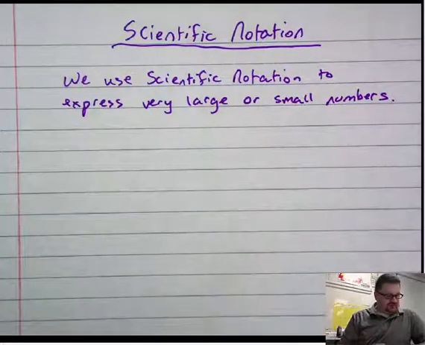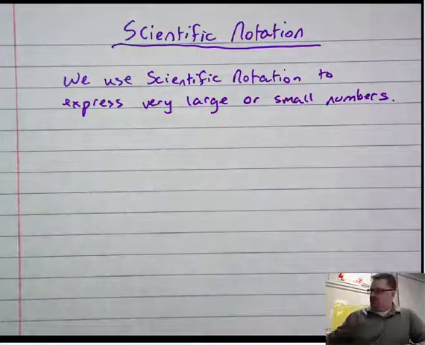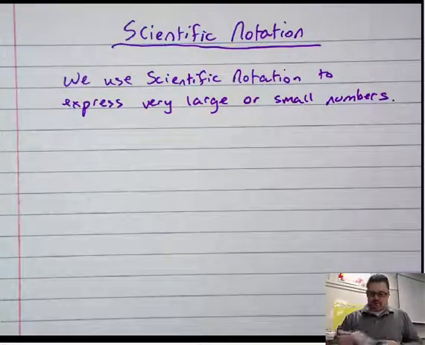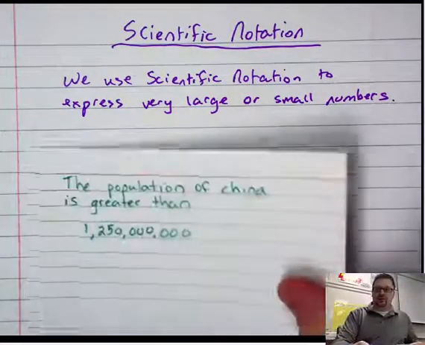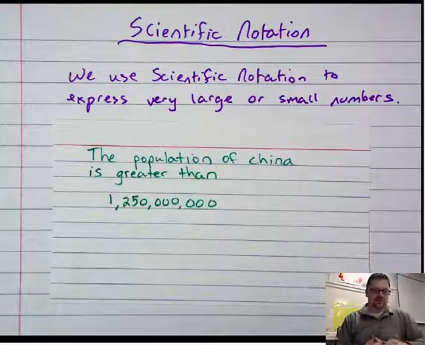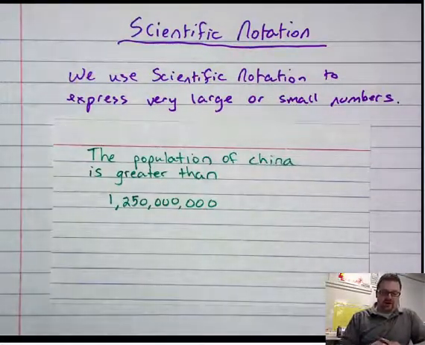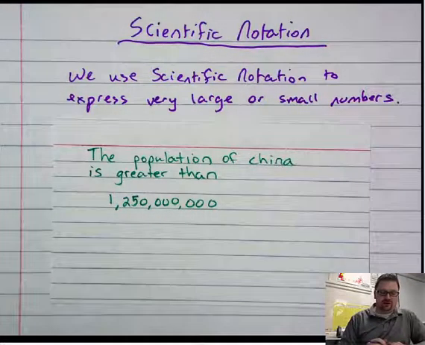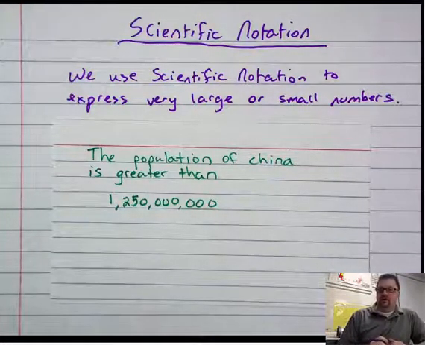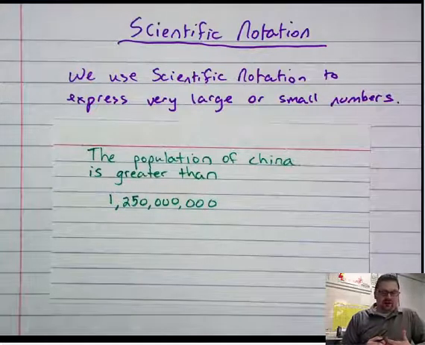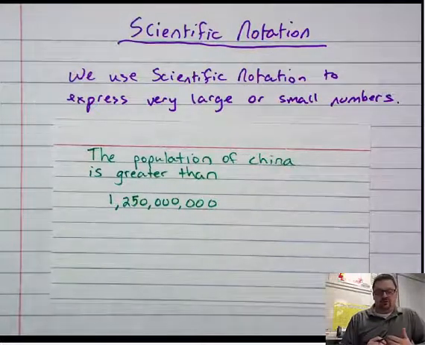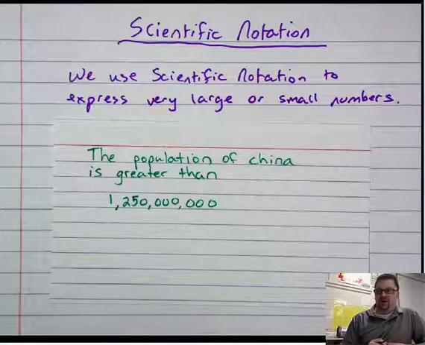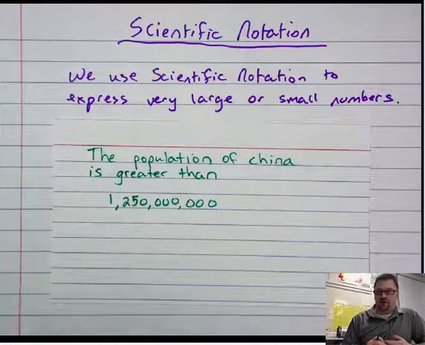For instance, let's say that you have an example that says the population of China is greater than 1,250,000,000 people. This particular number is not really that bad to read or to see, but what if I asked you to multiply that by 640,000?